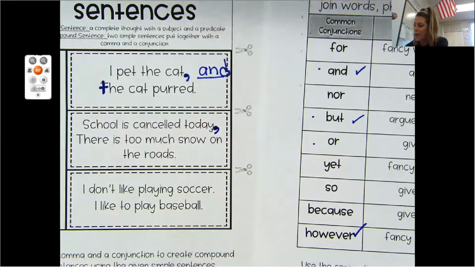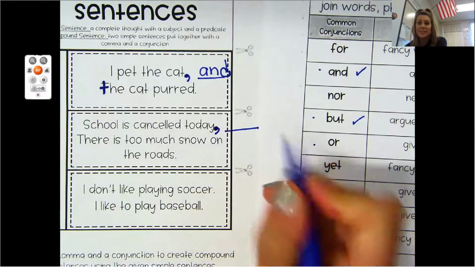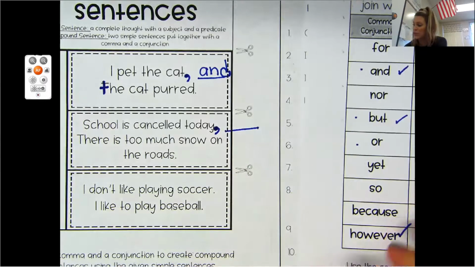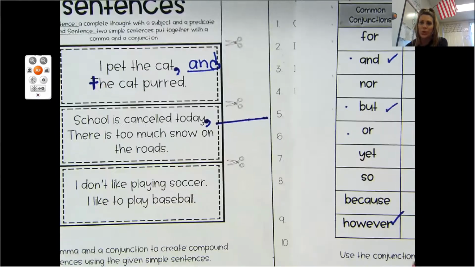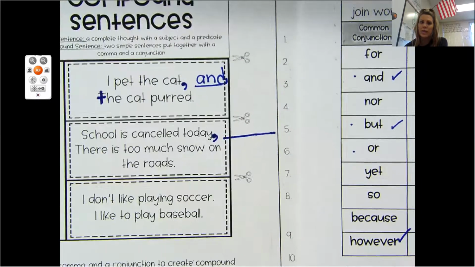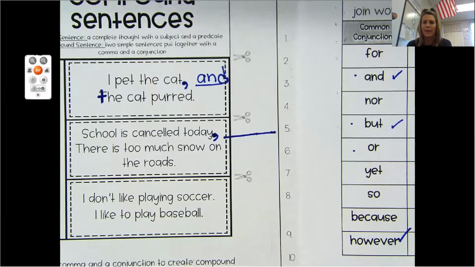And then we want to add our what? Conjunction. What conjunction would you add here? School is canceled today, blank. There is too much snow on the roads. What do you think? Go ahead and write it down.